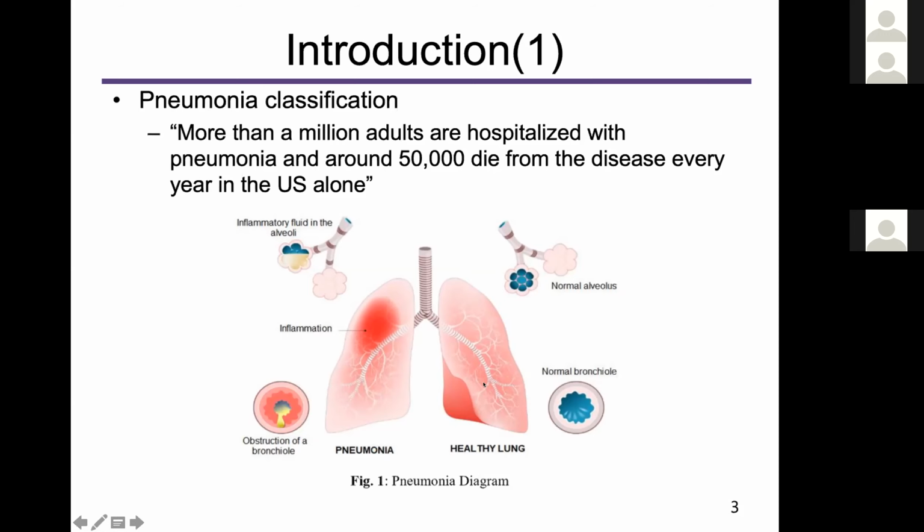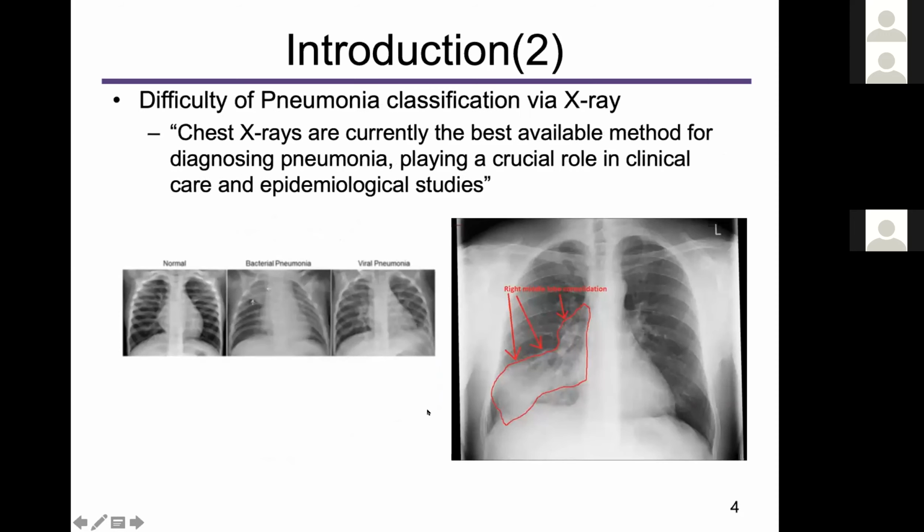But the problem is that the real world is not like this figure. In the real world, we only use the chest X-ray image, which is the easiest and the best way to diagnose whether this patient has pneumonia or not.